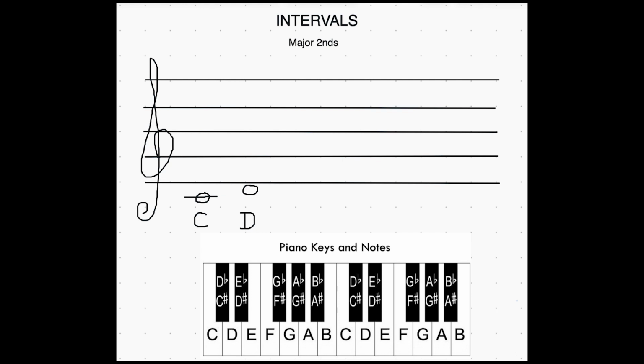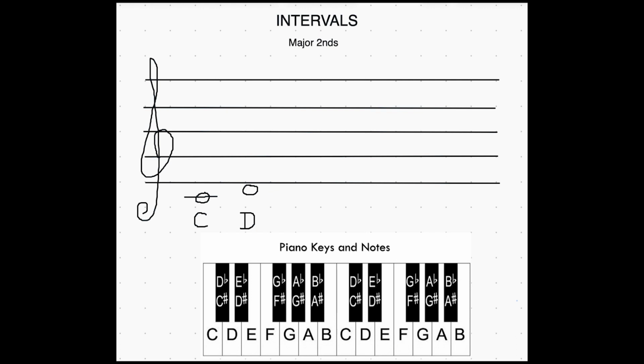To play from C to this black note, that is what we call in music a semitone. To play from C to D, however, is called a tone. So C to C sharp is a half step, and C to D is a full step, a whole step, on the piano, and the same with our voices.